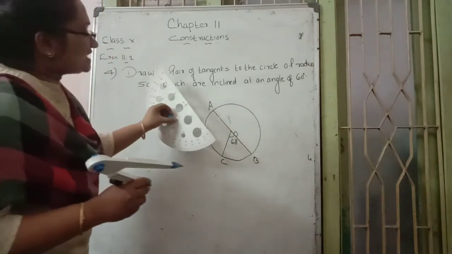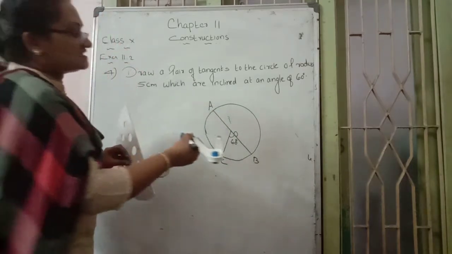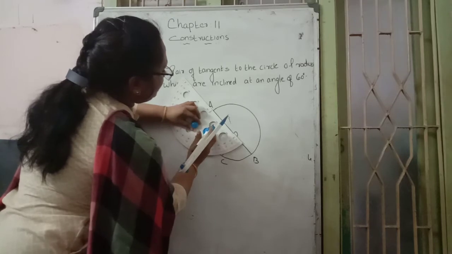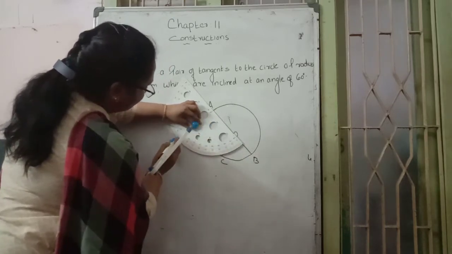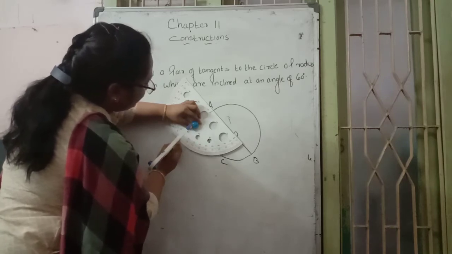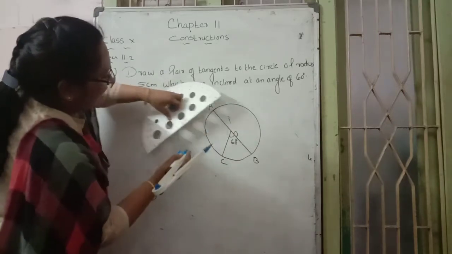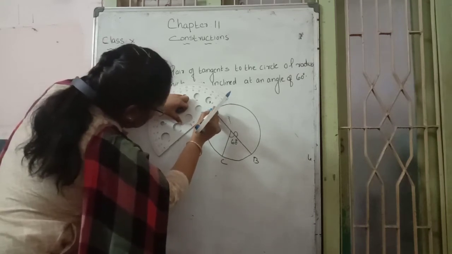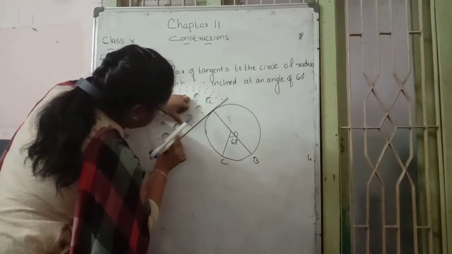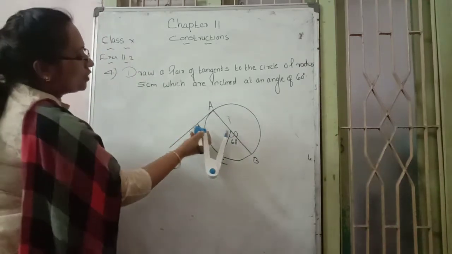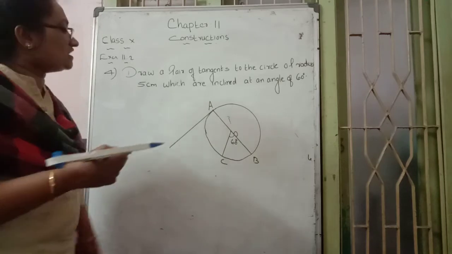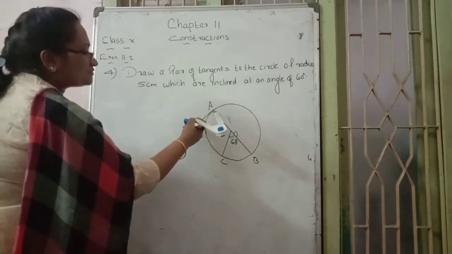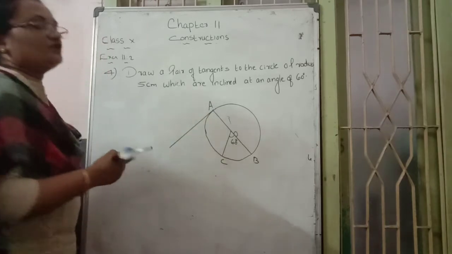How to construct: take OA as the baseline and A as the center point, and draw a perpendicular, that is, 90 degrees. With A as center, mark the 90 degree point. Keep the protractor on A with OA as the baseline, take 90 degrees, and join A to that point with a straight line.